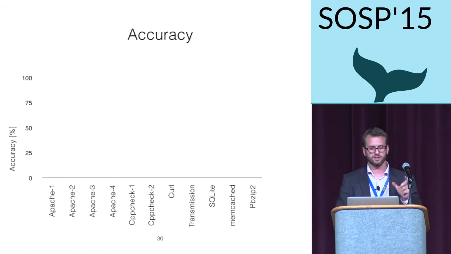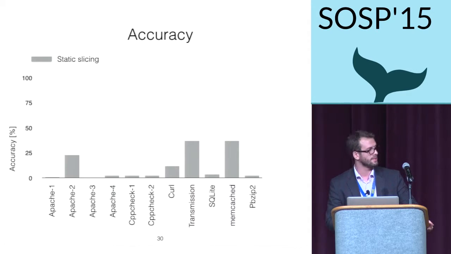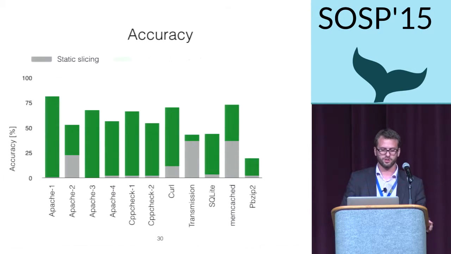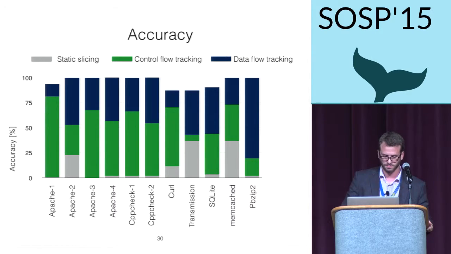Ideal failure sketches contain a minimal number of control and data flow elements, whereas sketches built by GIST can contain extra elements. To obtain accuracy measurements, we first measured accuracy when just using static slicing. We then enabled control flow tracking and remeasured. And finally, we enabled also data flow tracking and remeasured.